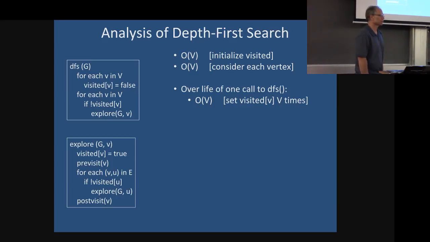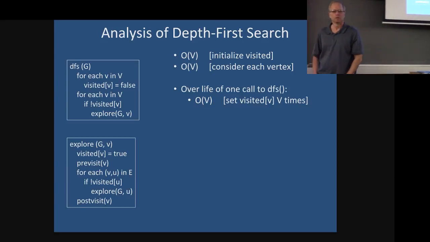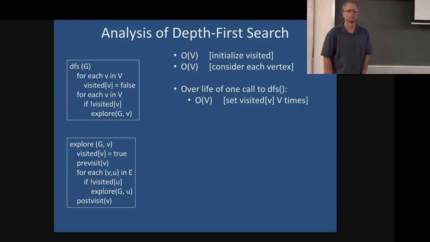Okay. Why is that true? I don't mean it's executed over the life of the entire algorithm. This statement is going to be executed V times. Yeah. We are going to check each vertex, and we're only going to set it to true once.